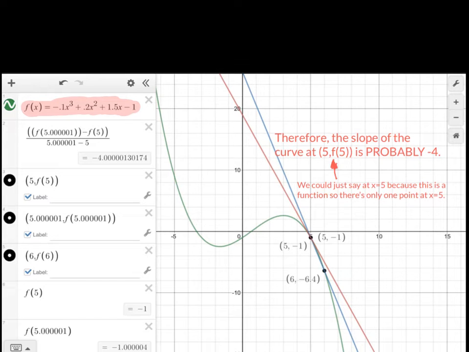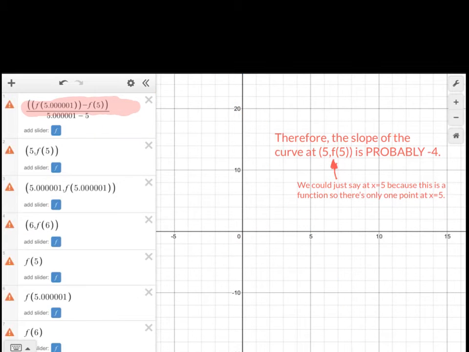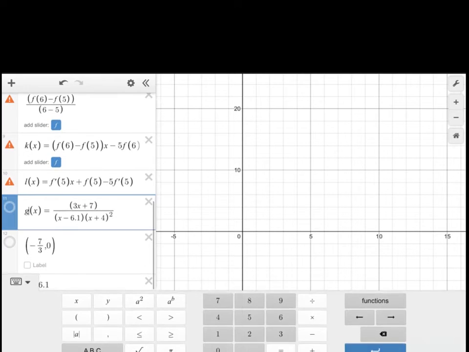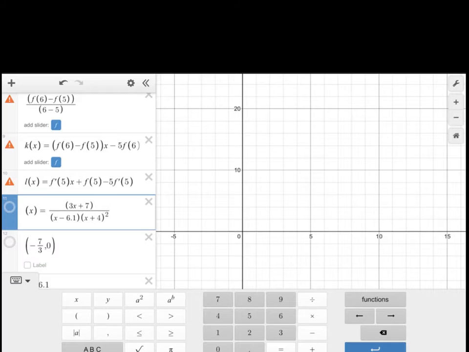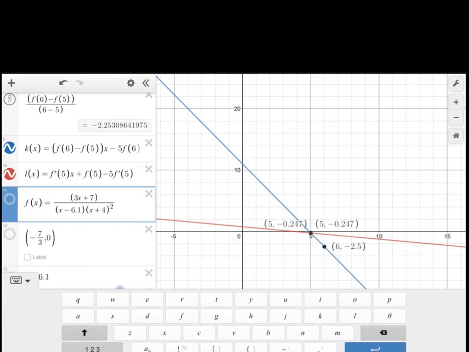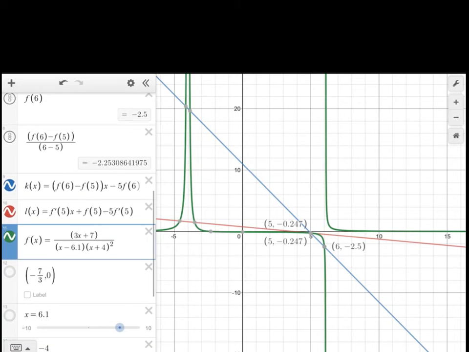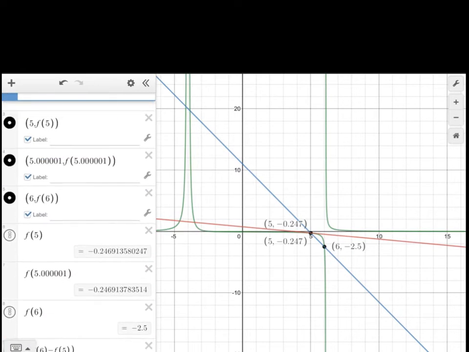So that's a polynomial function. We've actually already worked with those, but I thought I'd start you off with that. So let's just take this out of here, and we will name our next function f of x. There we go. All right, now we have a rational function.